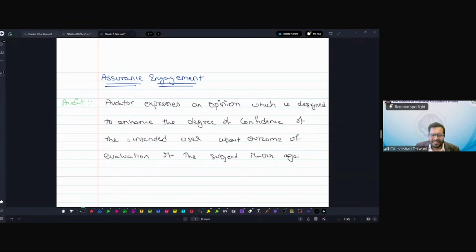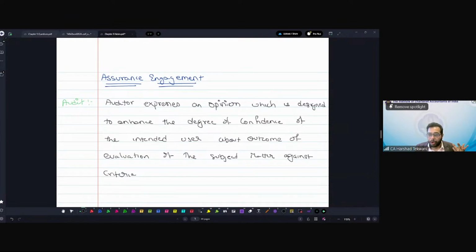Criteria is nothing but your applicable financial reporting framework. So this is an overall audit engagement, where I issue an opinion as an auditor to enhance the degree of confidence in the financial statement, which is the subject matter. I evaluate the subject matter against the criteria, that is the applicable financial reporting framework. Very good. That is your assurance engagement.